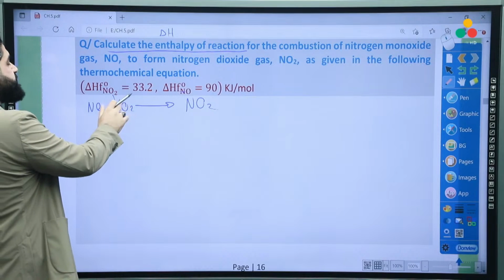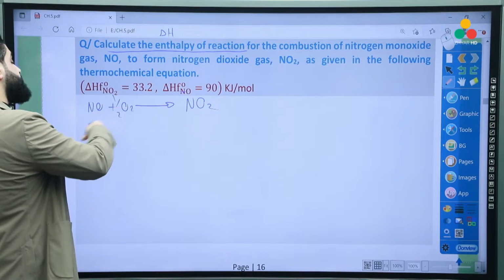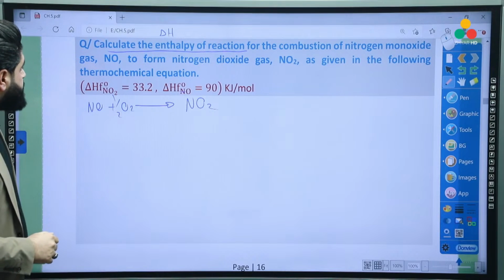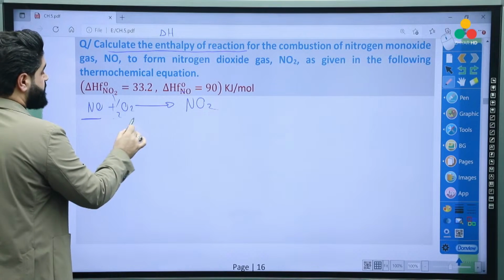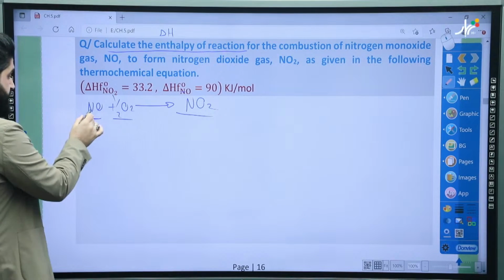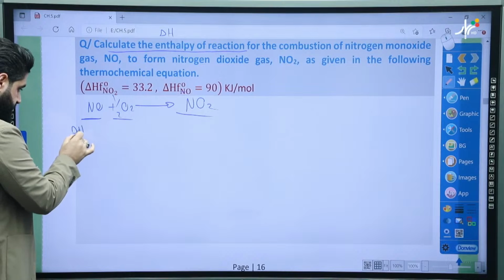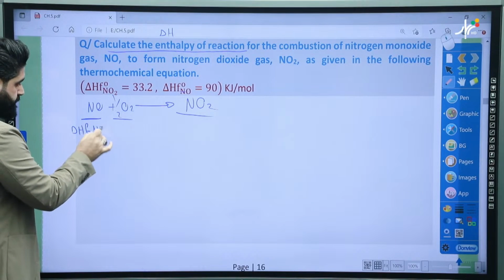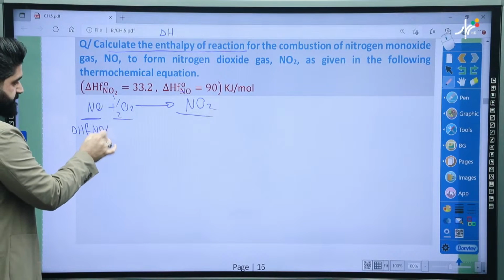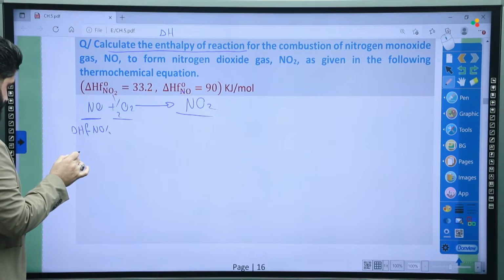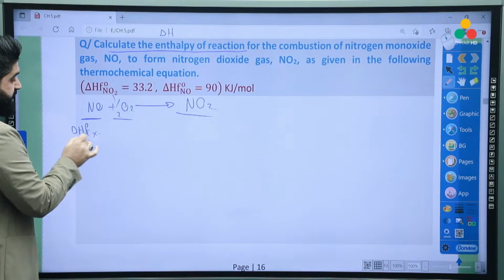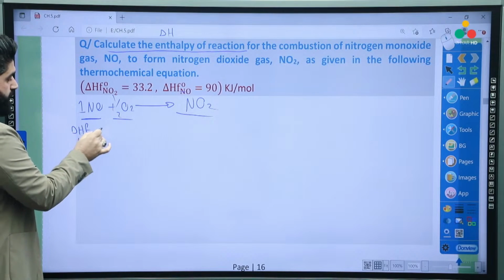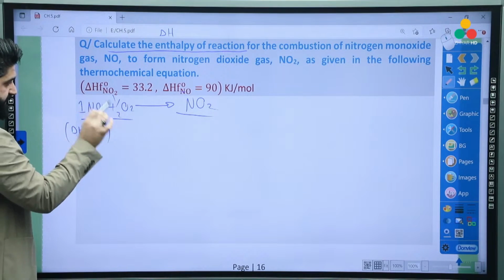So then we will decrease 2 to 1. Now it's balanced, okay? So we need to get delta HF for this one, and for this one. Look, delta HF of NO times number of mole, it's 1. Bracket.